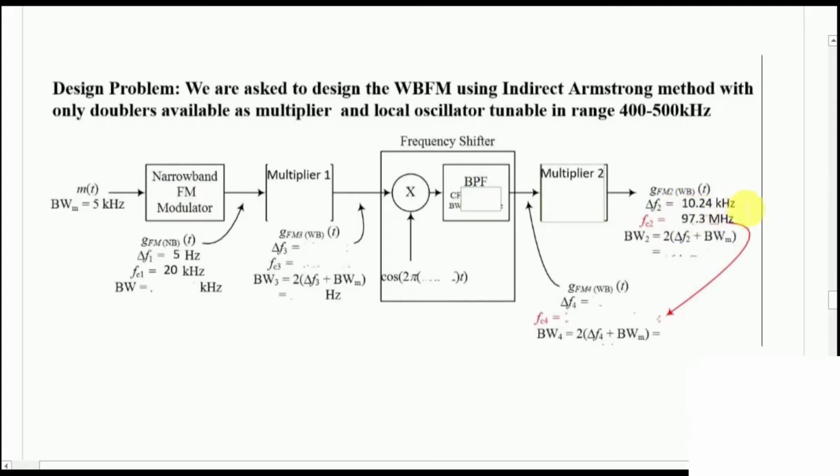So we are given the bandwidth of the message signal, the deviation and the carrier frequency at the output of narrowband FM and at the output of the whole thing, the wideband FM, and we are asked to design all of this. This is something that we will take up now.